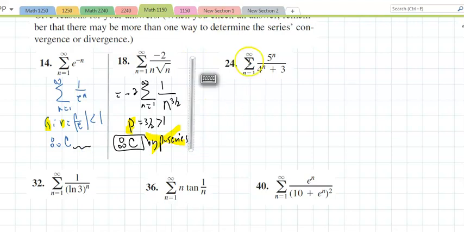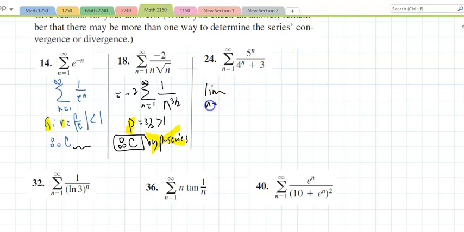How about this problem? Well, if I really glance at this problem, I notice that, guess what? This limit doesn't equal 0. That's an easy way out. If I divide by the highest power term of the denominator, the limit as n approaches infinity, that's 5/4 to the n over 1 plus, that's a 0.